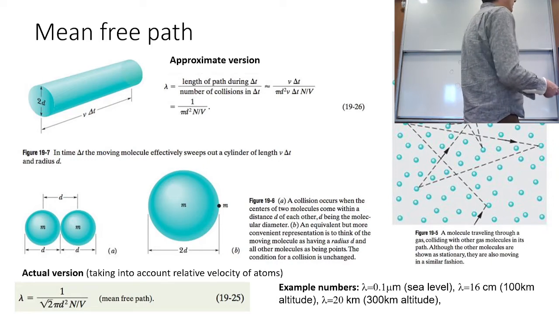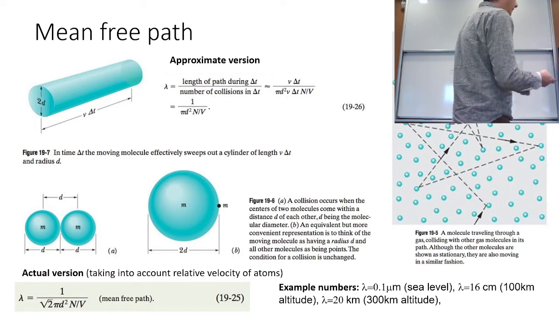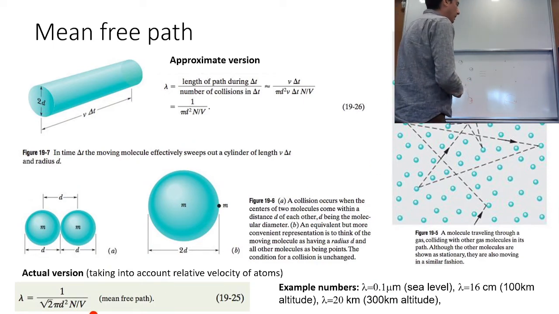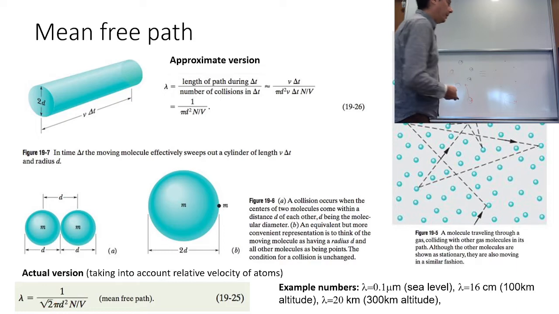It's not just the velocity of the thing that's moving, but the velocity of everything. So there's an extra numerical factor you need to include, and the final formula looks like this. It's basically the same, except there's a root 2 here. Okay.